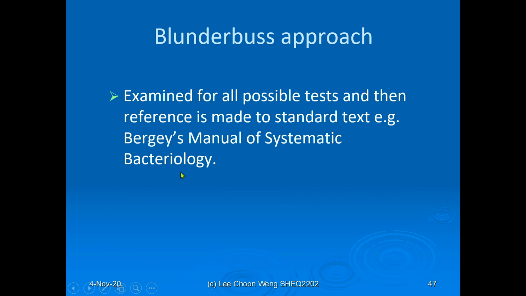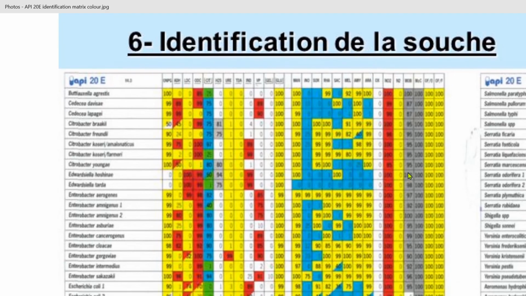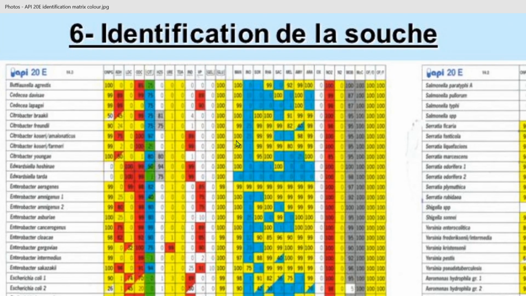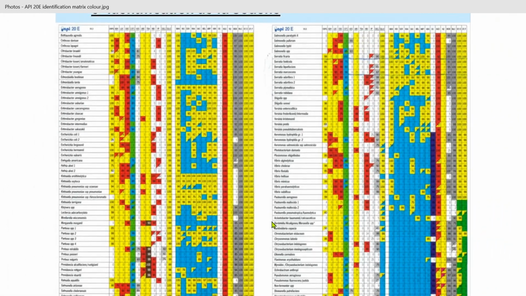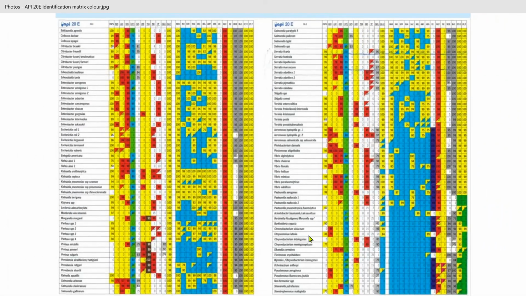So if you remember, the API, the Enterotube, the Biolog, they use the blunderbuss approach because you are doing all the tests at once, and then you are comparing the results. Here is the color chart for the API 20E. So from all the tests that you do at once using the blunderbuss approach, you can roughly compare and determine what bacteria you have.